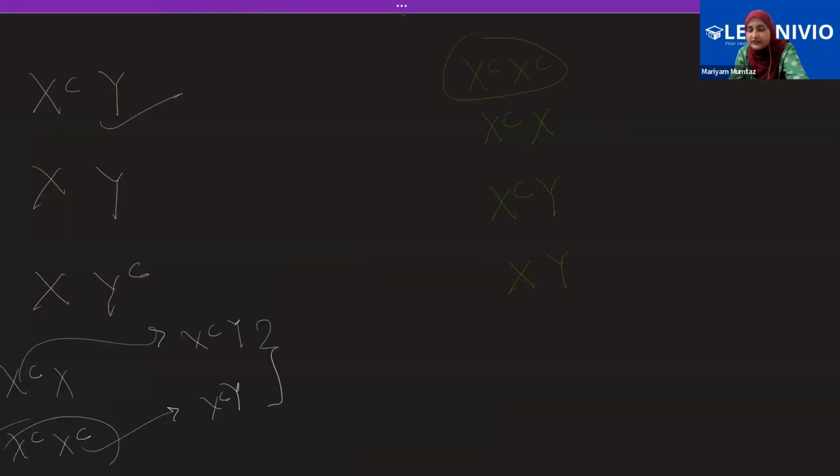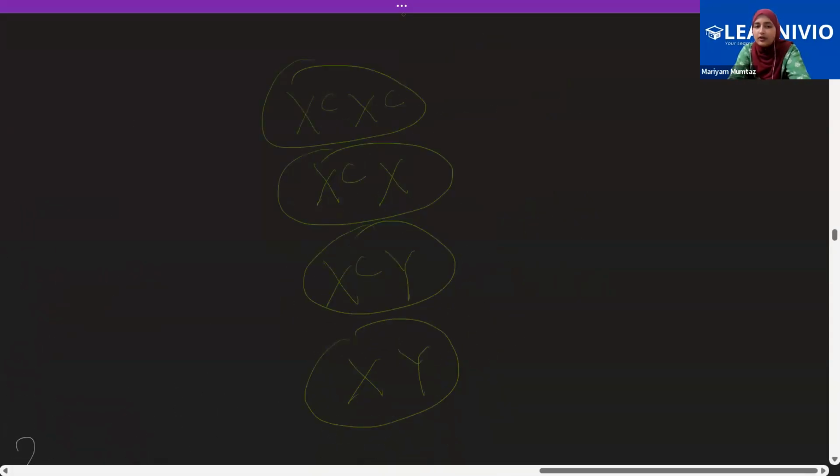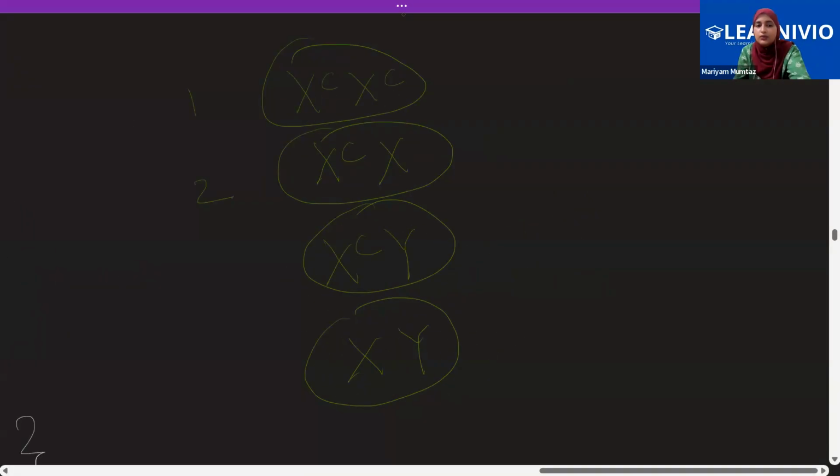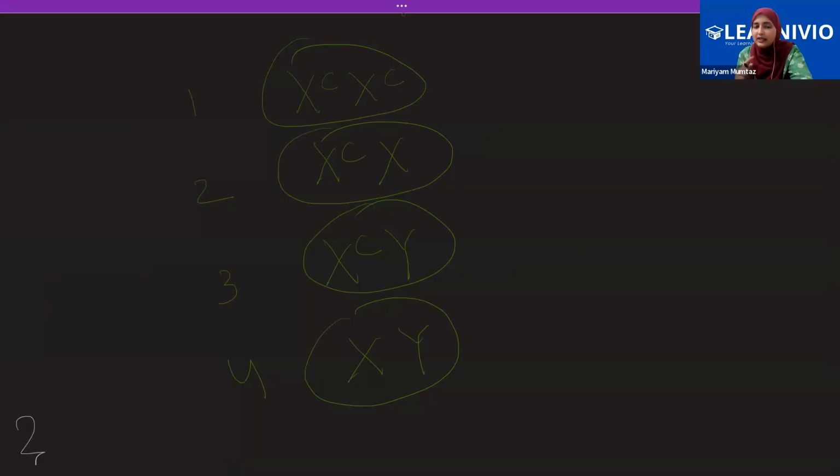Now, in all of these four combinations of genes, which I'll number 1, 2, 3, and 4, which one is a colorblind person?